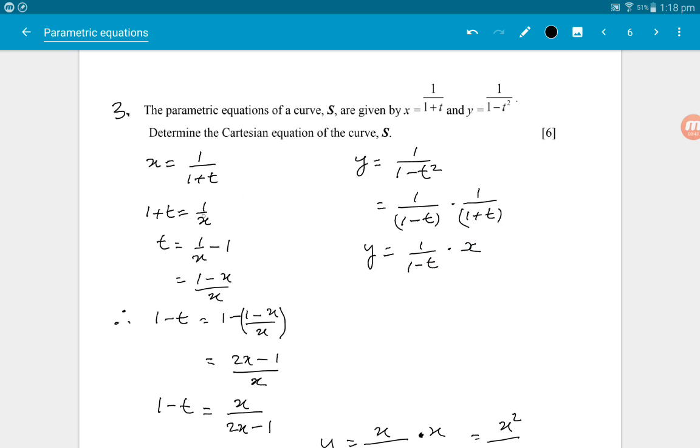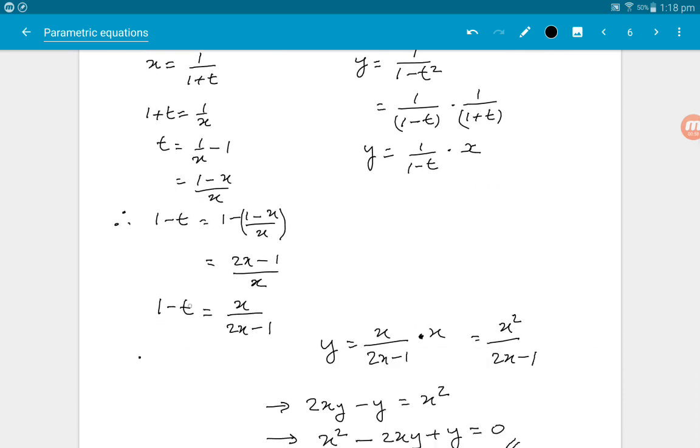Over here, I make t the subject, and I express it as a fraction. And I have 1 minus t, and here it works out to this, 2x minus 1 over x. So 1 over 1 minus t is x over 2x minus 1.